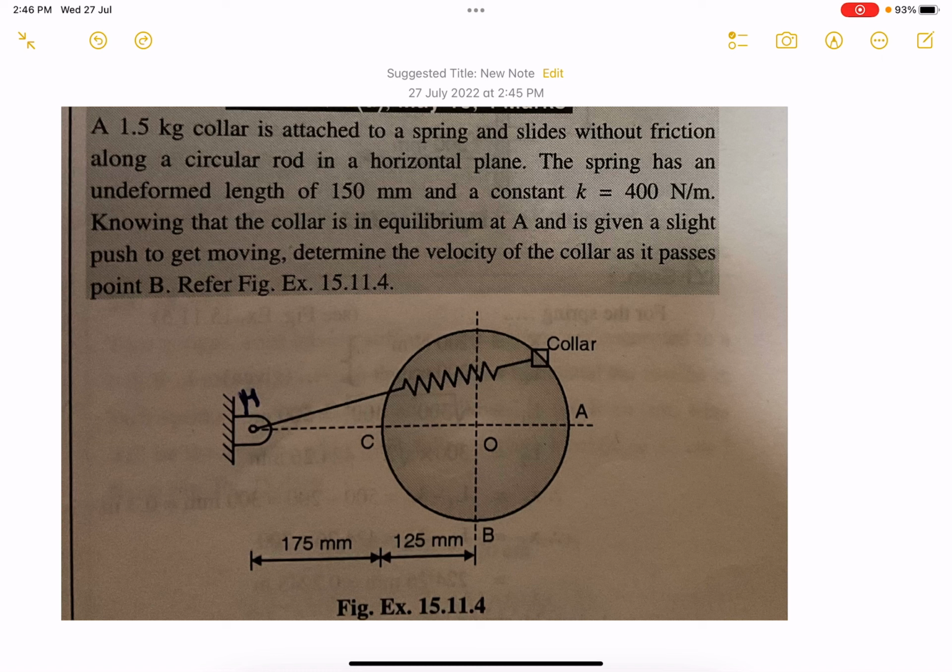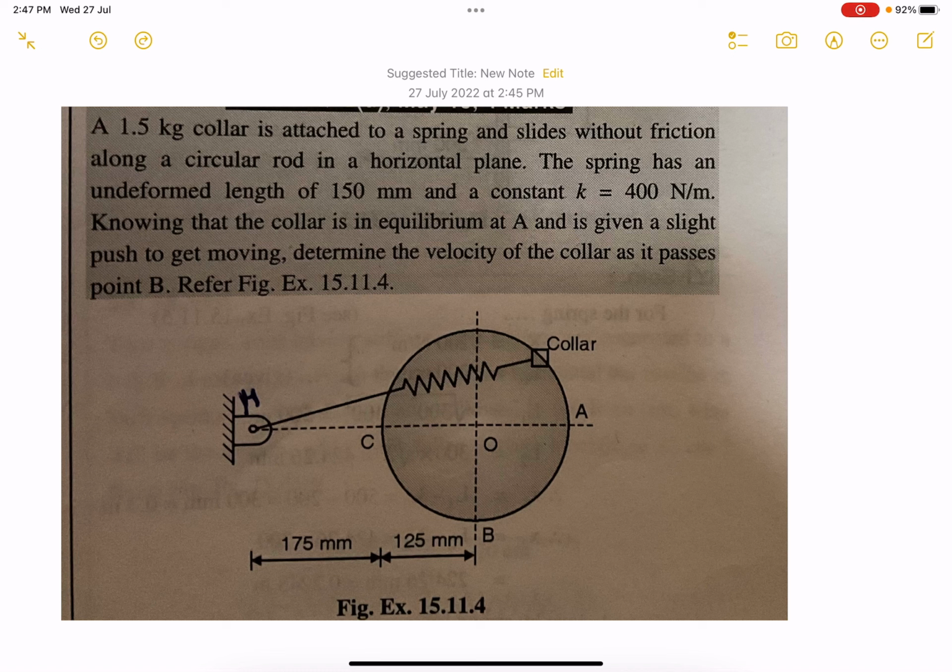Now, as I said, we will begin by writing the general energy equation between points A and B. The collar's first position is A and the second position is B. So we will say that the energy at A, plus any work done on this collar by an external force, minus the energy lost in friction, will be equal to the energy at B. We'll write a general expression and then put in the values.